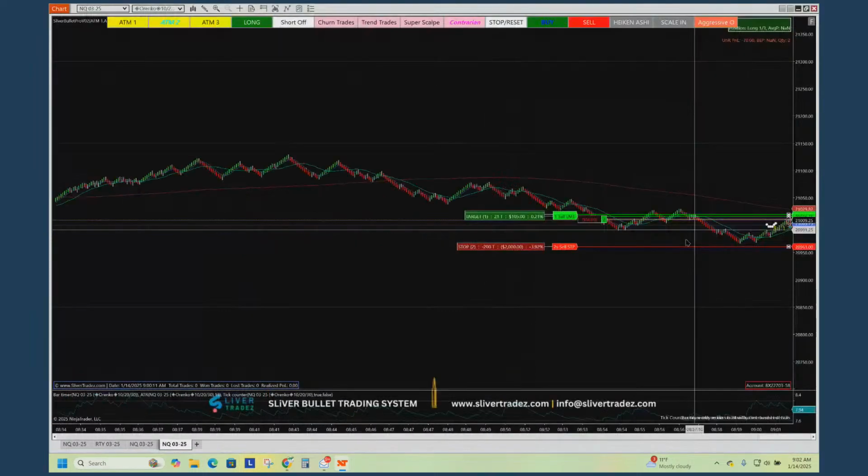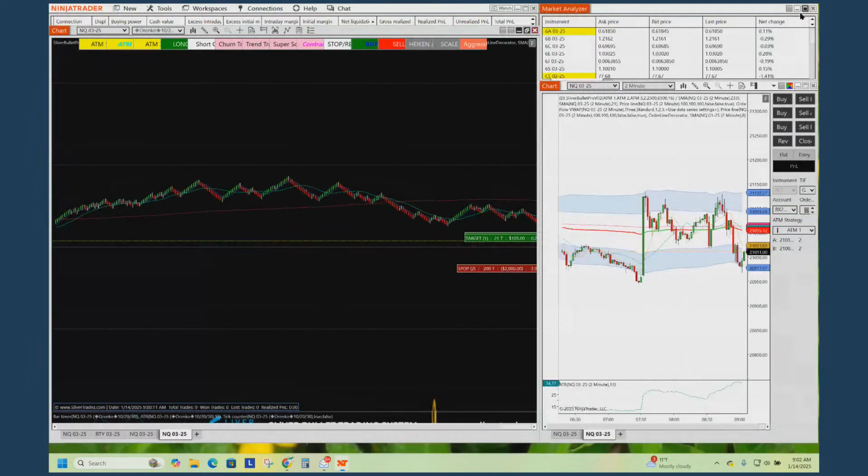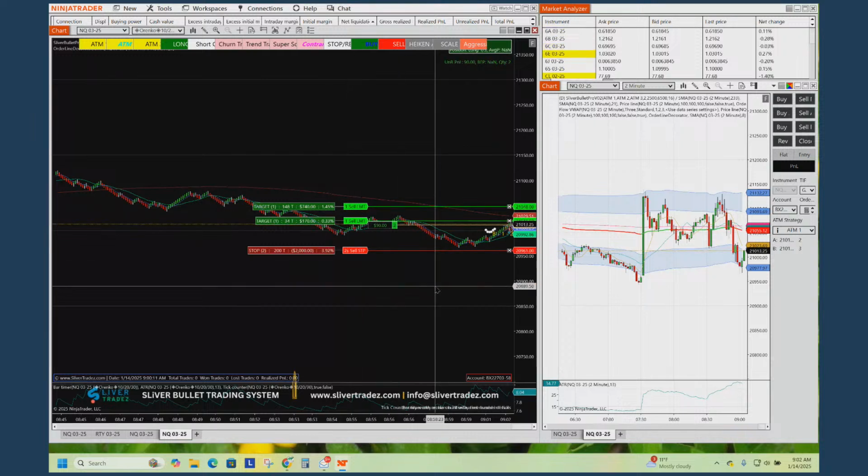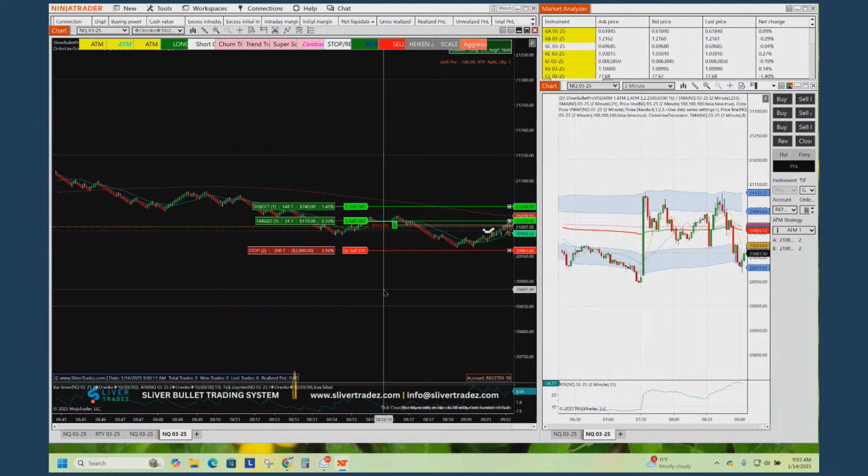So I took this trade manually. I figured market is going to go back up to the VWAP line. So I'm hoping that I'll get a decent profit here. So let's see if that happens.